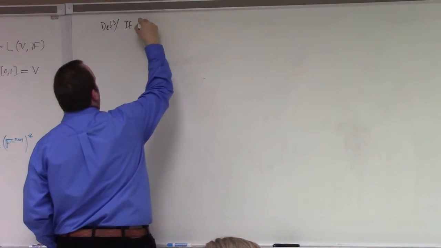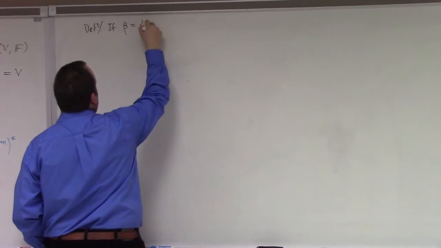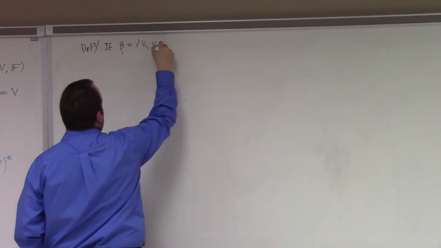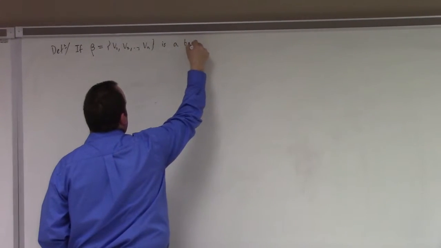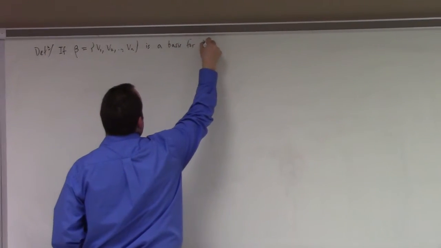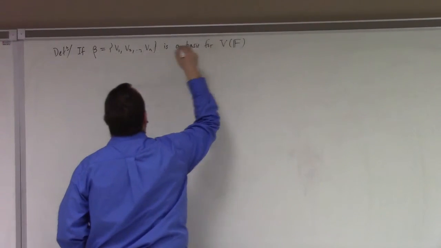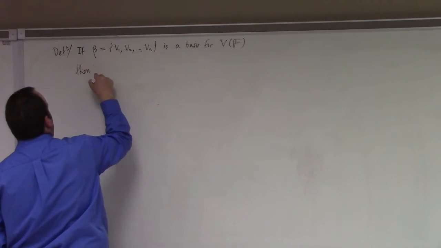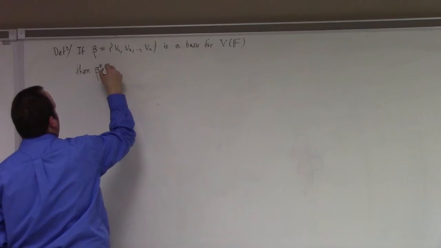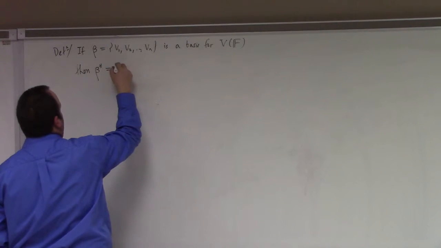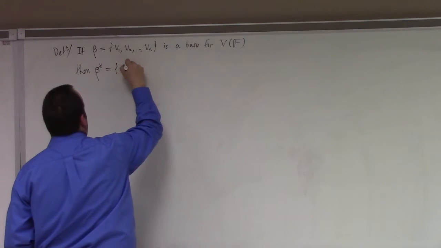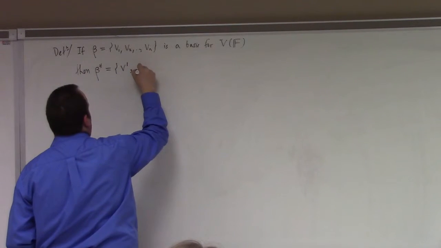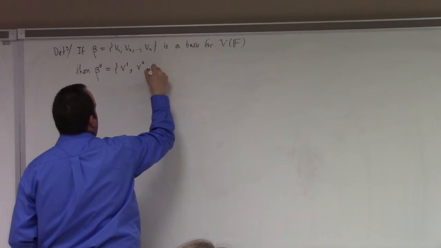If beta equals v1, v2, ..., vn is a basis for V over F, then the dual basis, beta upper star, equals v^1, v^2, ..., v^n. I'm going to use this notation, and I'm sorry if it's confusing to you.